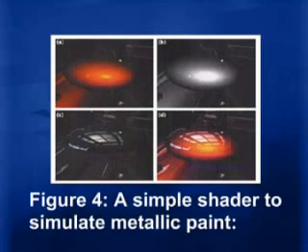Now this is the figure for a simple shader to simulate some metallic paint. Over here you can see that A, the first part, shows the two-tone paint shading. The two-tone paint shading pass results in what we have seen as the first picture.